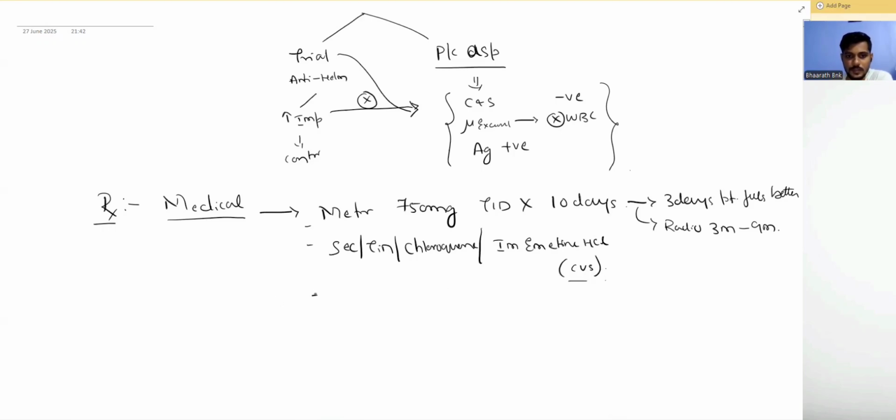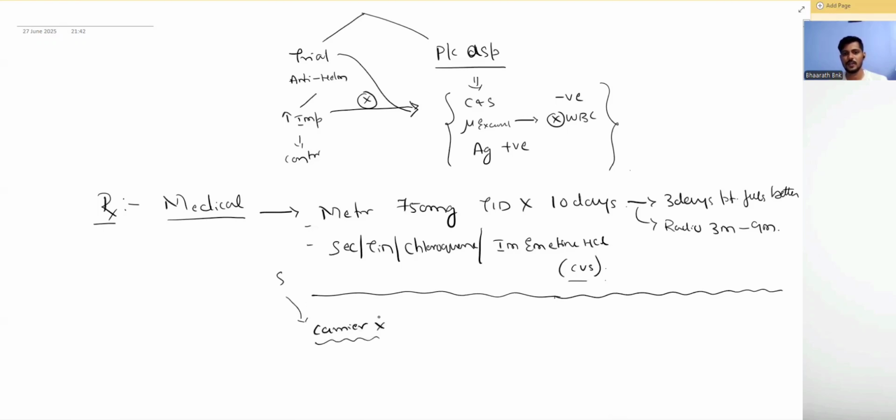Once this liver abscess is cleared, the trophozoites in the liver are destroyed, but the patient is still continuously shedding the cysts in his stools. So the patient is still a carrier. The patient has now converted from a sufferer to a carrier. To eliminate this carrier stage, you need to give luminal agents.